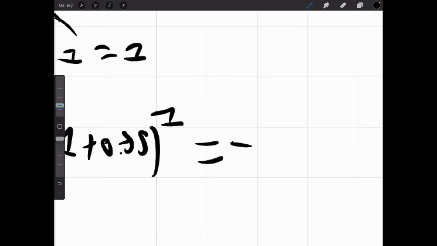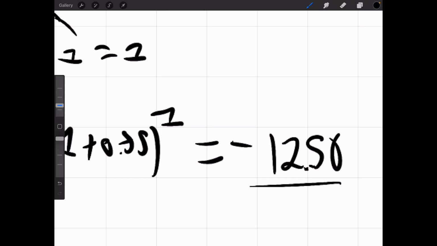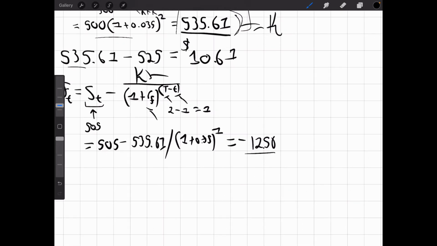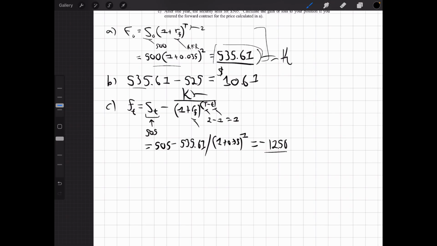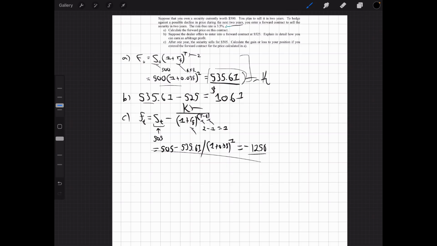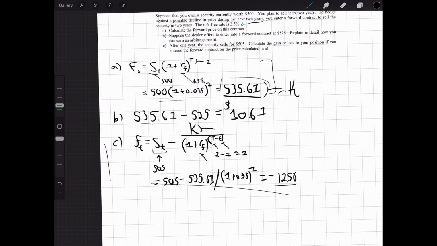This will give you negative $12.50. So you did lose a little bit of money if the security sells for $505 after 1 year. So there you are. That's A, B, and C done.